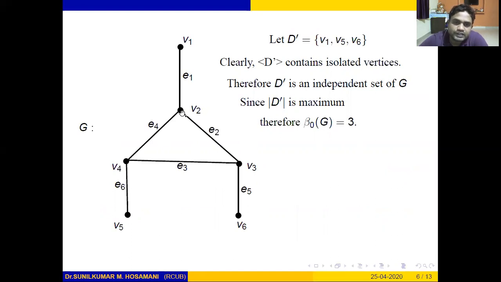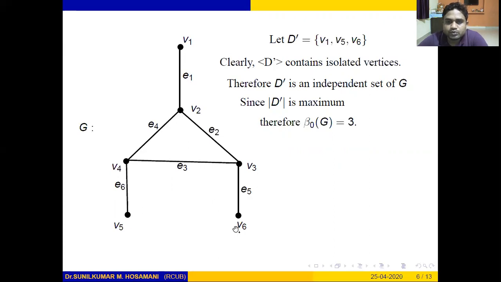Clearly V2 covers E1, E4, E2, V3 covers E2, E3, and E5, and V4 covers E4, E3, and E6. So its complement is a vertex covering set. Further, every vertex in its complement is adjacent to at least one vertex in the set. You can see that V2 is adjacent to V1, V3 is adjacent to V6, and V4 is adjacent to V5. Therefore, V1, V6, and V5 is a dominating set.